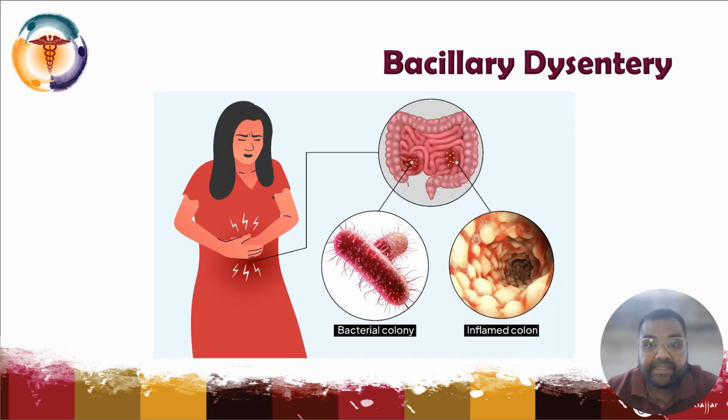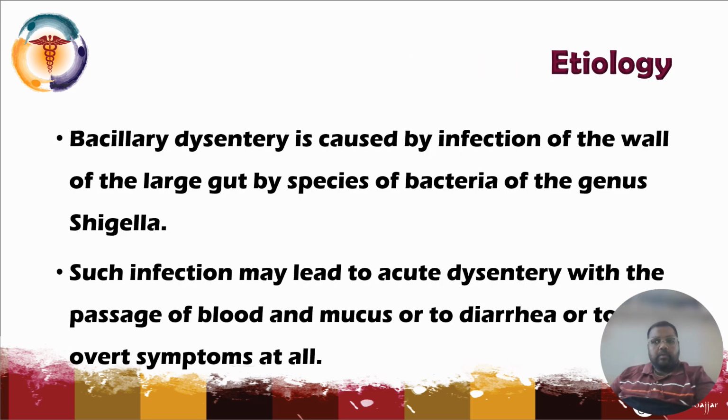Bacillary dysentery basically happens by bacteria, right? So let's see the different etiology of bacillary dysentery. It is caused by infection of the wall of the large gut by species of bacteria, especially the genus Shigella.